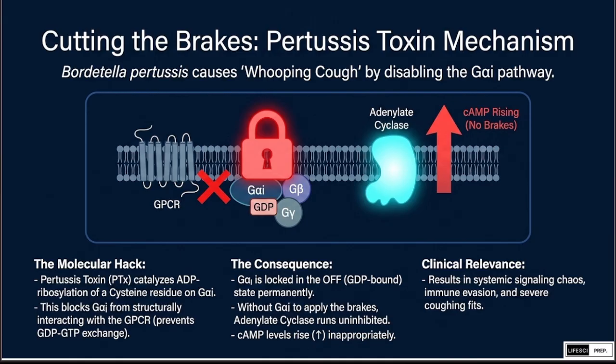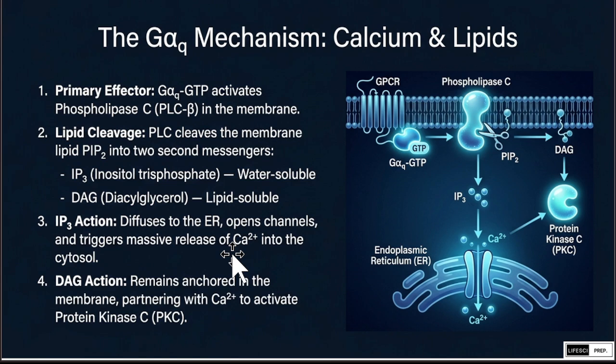Next, G alpha Q. Its actual effect is on PLC, phospholipase C beta in the membrane. It actually cleaves the PIP2 when the ligand is activated.